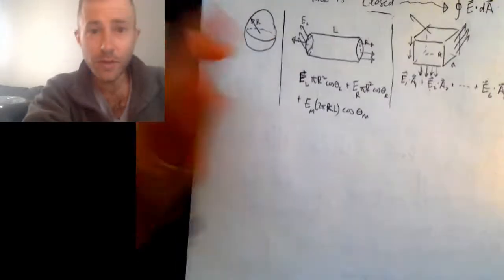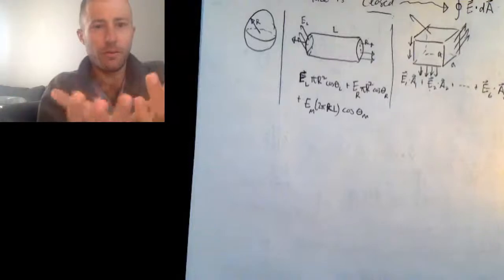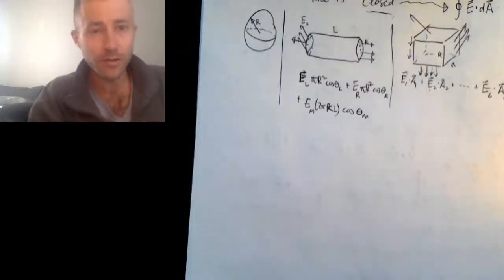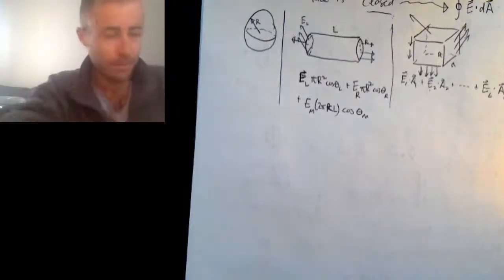You can think about a sphere as a single curved face. The area of it is the surface area of the sphere.